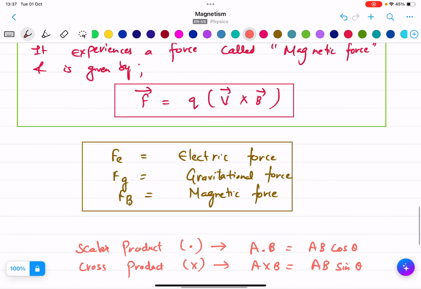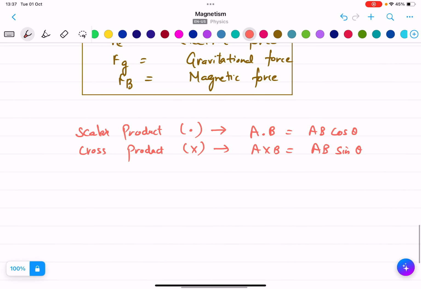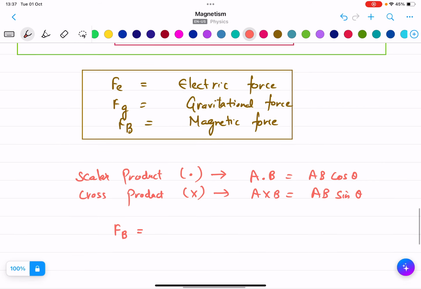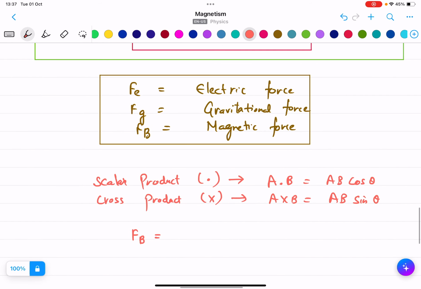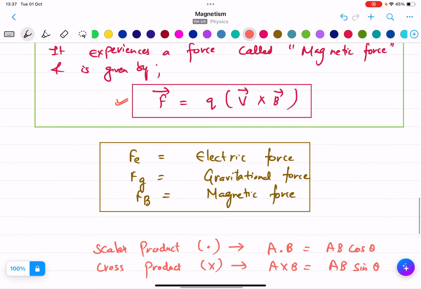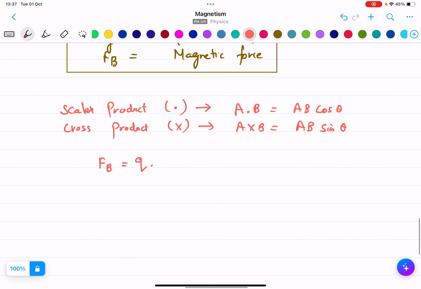So now tell me, what will happen to this formula? Can I write FB, because it's a magnetic force, equals Q, and now in this formula you can see V cross B. That means it is a cross product. So can I write QVB sine theta, right? Because it is a cross product.